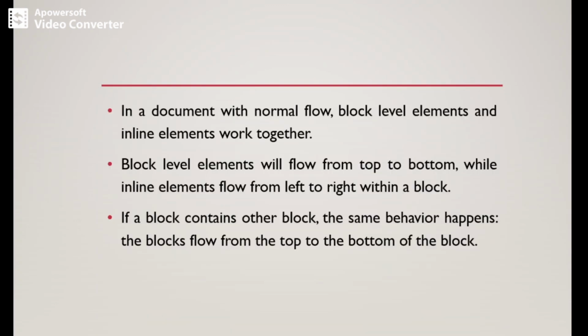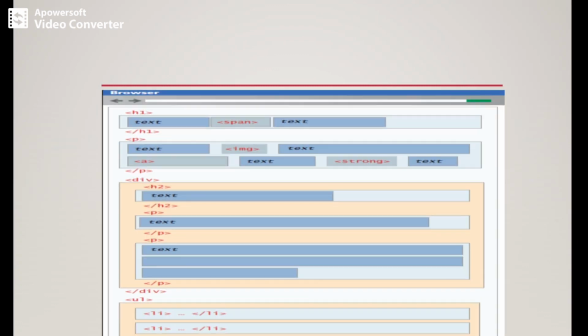In a document with normal flow, block level elements and inline elements work together. Block level elements will flow from top to bottom, as I've said, while inline elements flow from left to right within a block. If a block contains another block, the same behavior happens. The block flows from top to bottom of the block. You can see here it is a mix of block elements and inline elements.